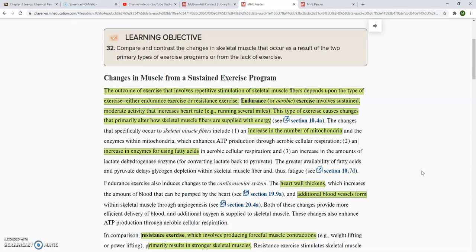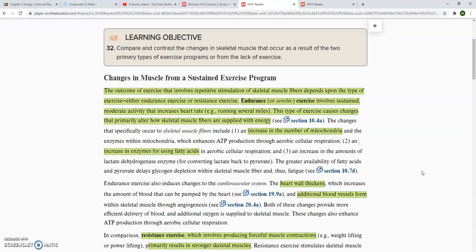And it's also good because we're increasing our heart rate. So even the heart is cardiac muscle. It does improve the cardiac muscle. It usually makes the cardiac muscle, we get like an increase in the size of those cardiac muscle fibers, and so the heart wall will thicken and it can pump blood a lot better.